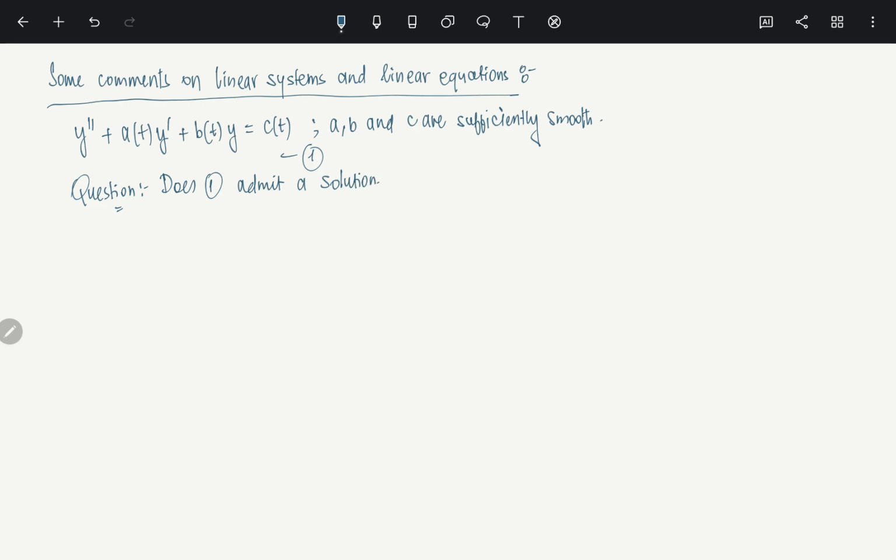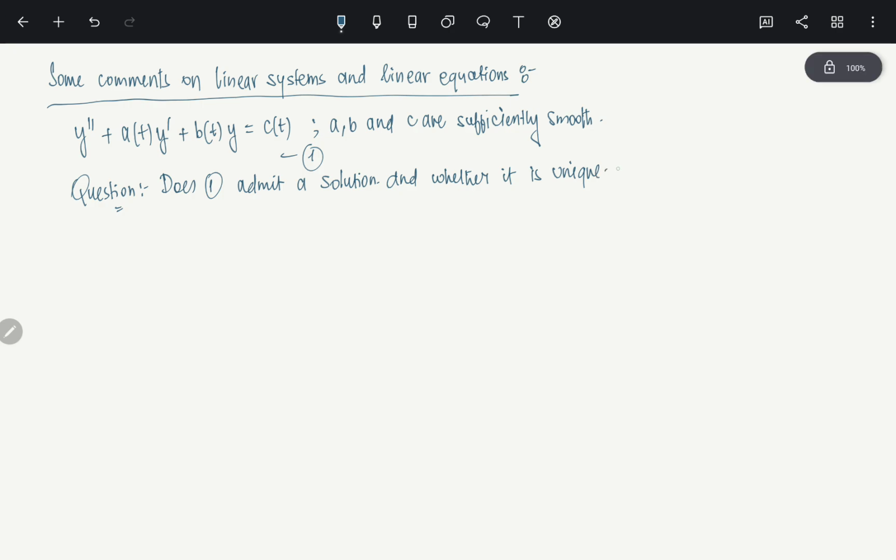Of course, for uniqueness you need to put an initial data. I hope that you remember. So first of all, does it have a solution or not, and if it does, whether it is unique. Clear?